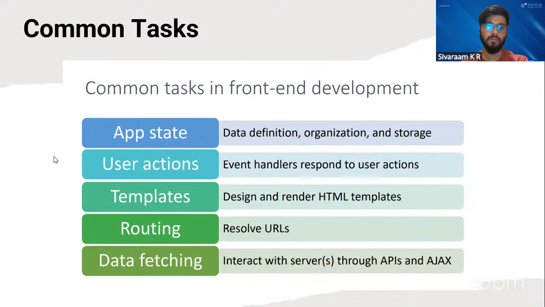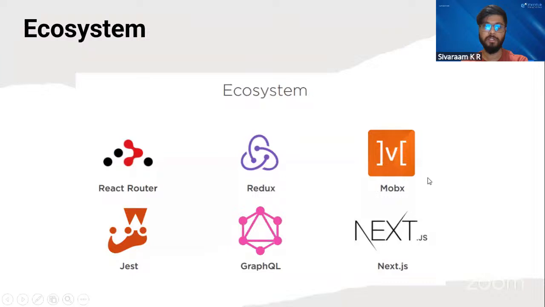Okay. Then coming to the next slide. What is an ecosystem? Just now we went through that React is a library. It's not a framework. So if you want to use routing in React, we need to install something called React Router DOM. This is a third-party package. It is not developed by React, so don't get confused by the name. It is developed by a third-party company.